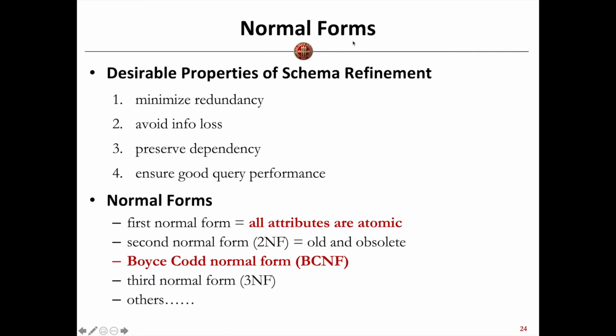So normally when we do relation schema refinement, we have some desired properties for the target relations. The first property is to minimize the redundancy. Because redundancy is not good. If we have redundancy in a relation, we may have lots of problems, as we mentioned before, right?